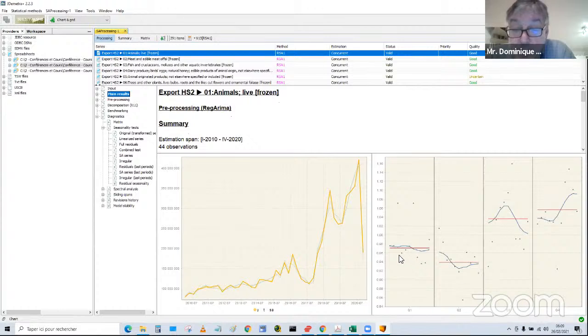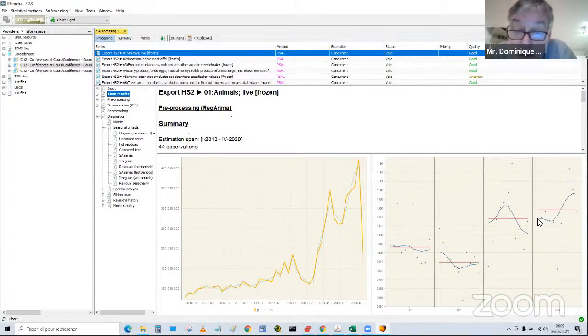Here it's very, very erratic, but it takes an average evolution. So it's not so bad despite the irregular. But of course, we can see here that the seasonal component is moving very fast, at least for the third and fourth quarter. Even if it's not very big, it's moving.